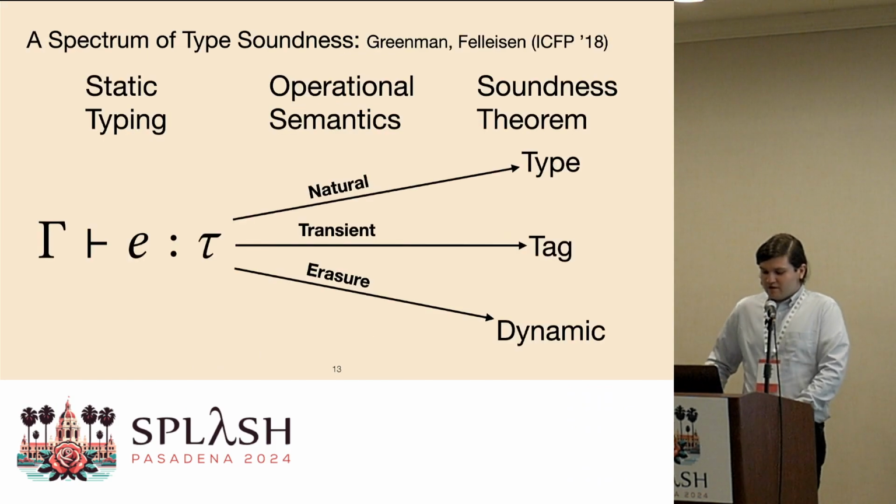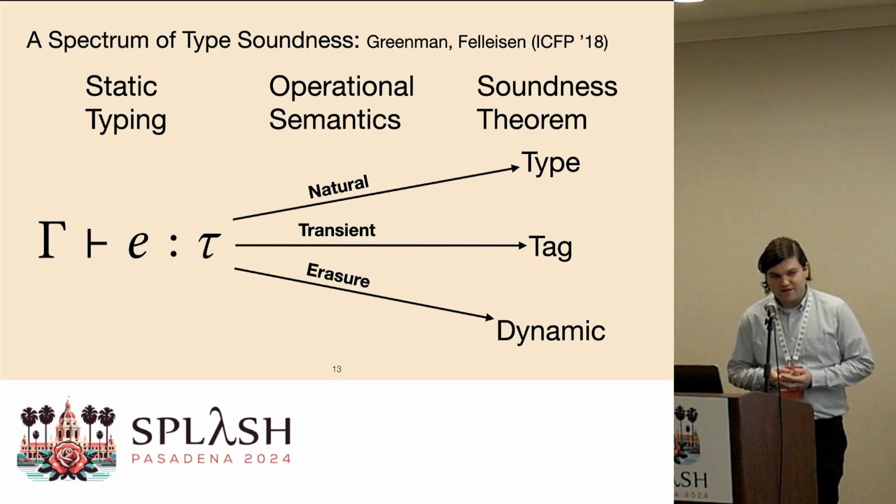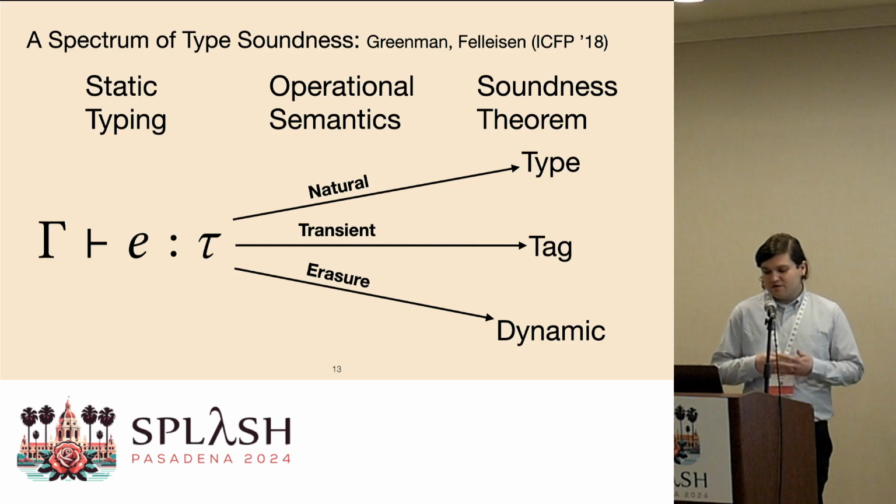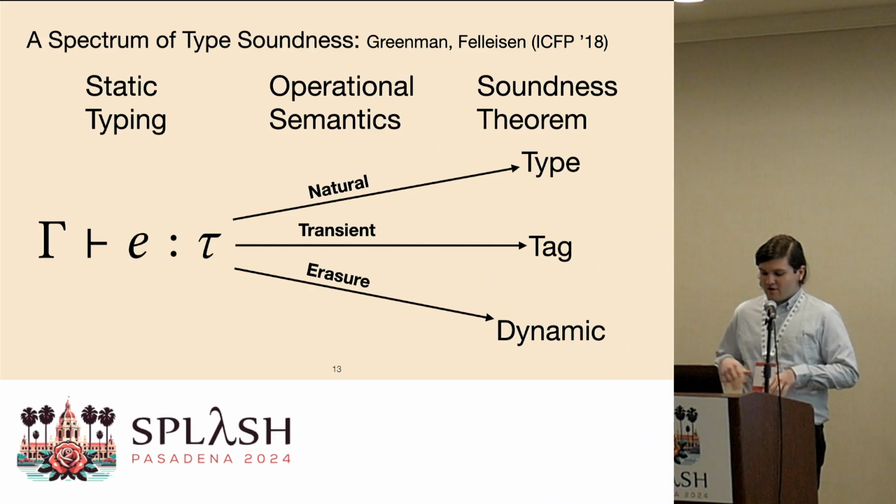In general, it turns out that this corresponds directly to different type soundness theorems. So Greenman and Felleisen showed that there's actually a spectrum of type soundness theorems depending on the operational semantics. So from the same statically typed term, depending on whether you're using the natural, transient, or erasure operational semantics, you'll get either a type, a tag, top-level type constructor, or dynamic soundness theorem.